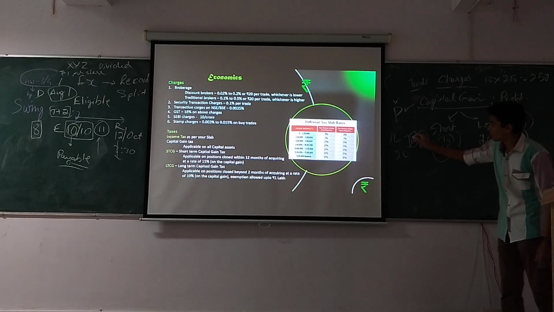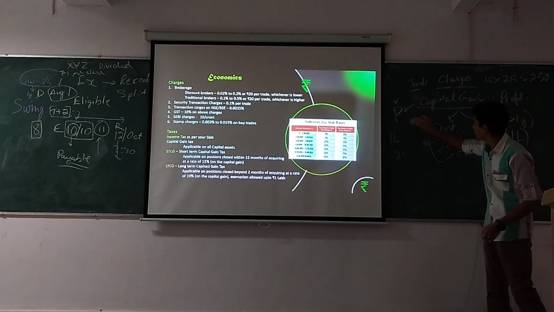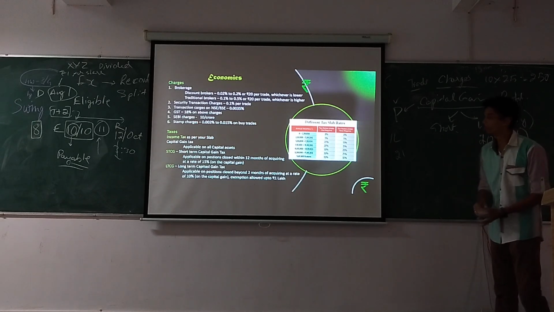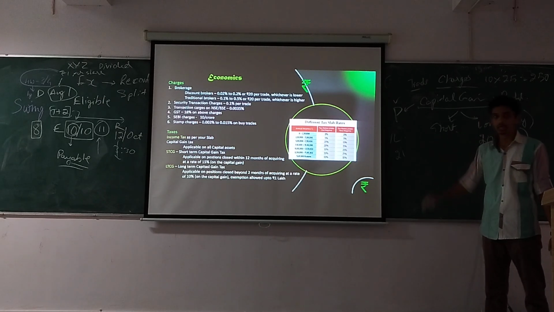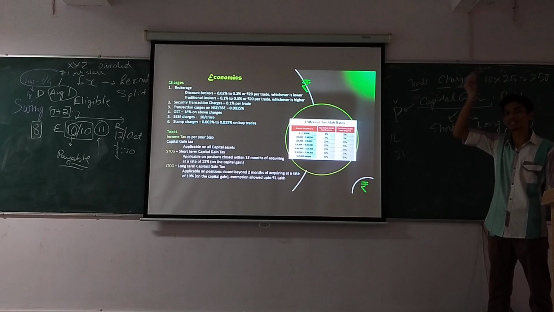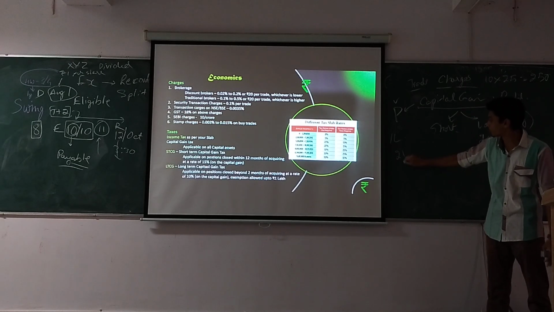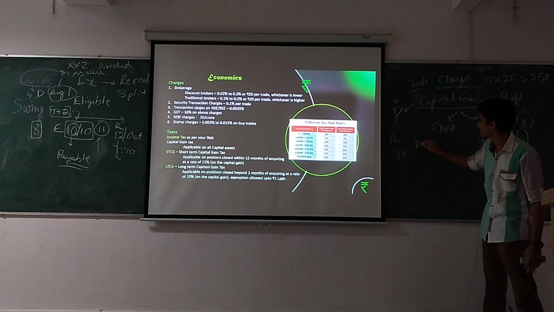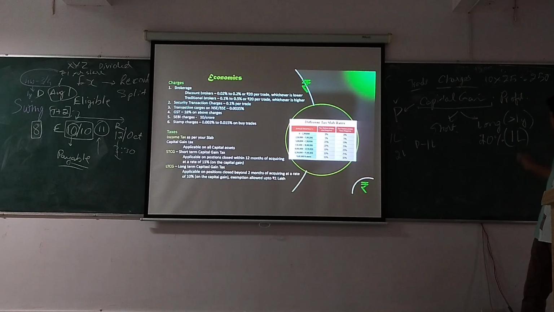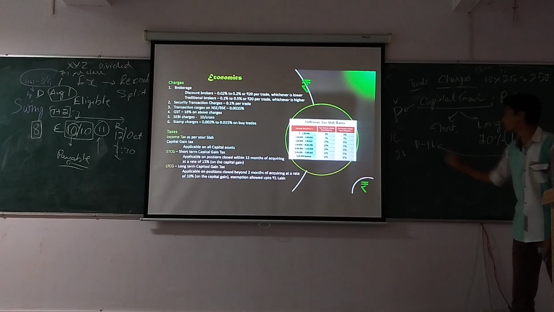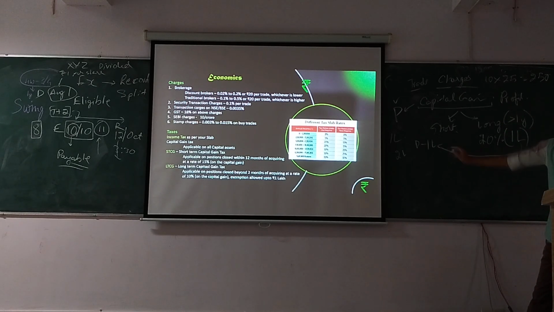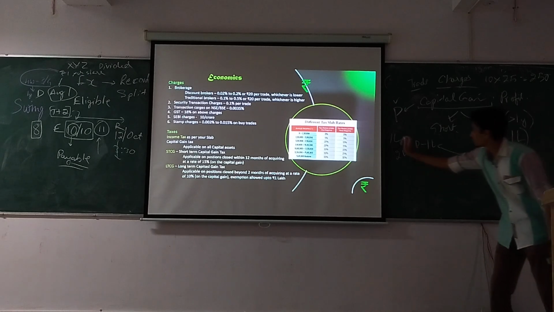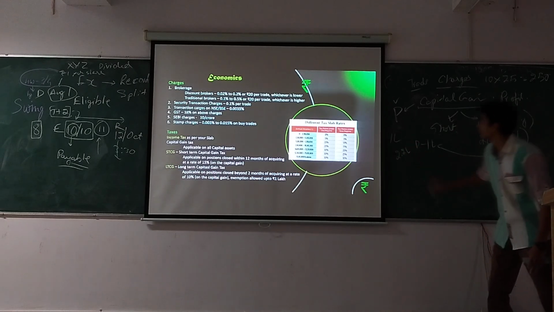So, you buy a share today at 1 lakh. Let's say next year December you are selling it for 2 lakhs. Your profit is 1 lakh, and your LTCG is exempted up to 1 lakh. You don't have to pay tax on this 1 lakh. Let us say you had sold it for 2.2 lakh.